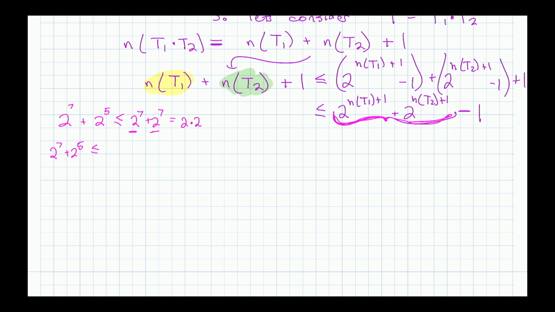That's 2 times 2 to the 7. So you could say that it was less than or equal to 2 times the max of 2 to the 7 and 2 to the 5.